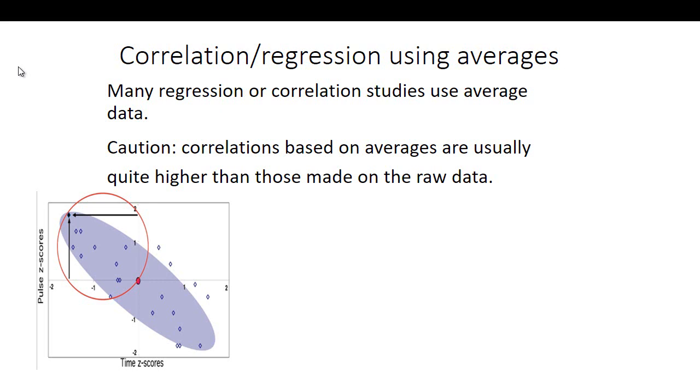Correlation, regression using averages. Many regression or correlation studies use average data. That is, you gather many samples, and for each sample you compute averages and then calculate regression or correlation based on the averages.